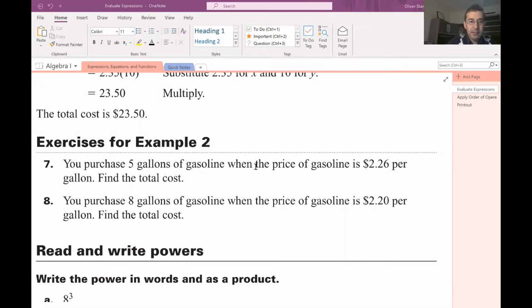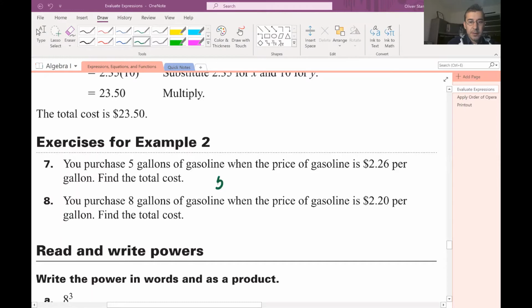That is 5 gallons. So 5 times each gallon of gasoline is $2.26. So times $2.26. And that is 5 times 6 is 30, 0 and 3. 5 times 2 is 10 and 3, 13, 3 and 1. 5 times 2 is 10 and 1, 11, and then 2 decimal places, right?